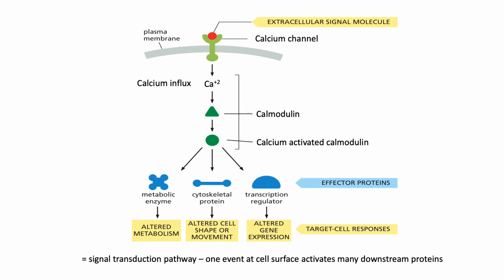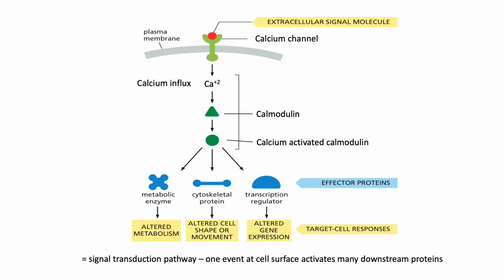So this is referred to, and we'll talk about it later in more detail, as a signal transduction pathway. That the signal, a single signal on the surface of the cell, is then fed into the cell, and the signal is transduced to the interior of the cell. One event at the surface activates many downstream proteins. It's also referred to as amplification, that the signal is amplified as it goes on.